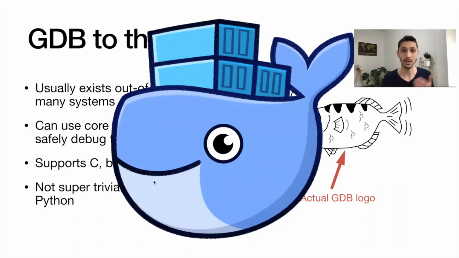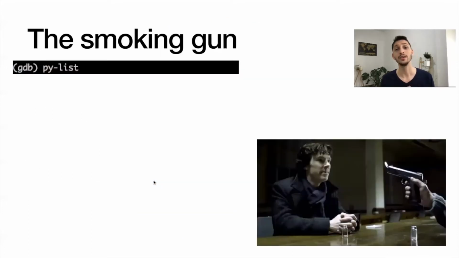So now we can just take all these different core files from different programs and apps and debug them in a much faster and easier manner. So let's try to find our smoking gun using GDB. I will show a demo two minutes from now, and I'll just show you some very important commands from GDB before we get started.